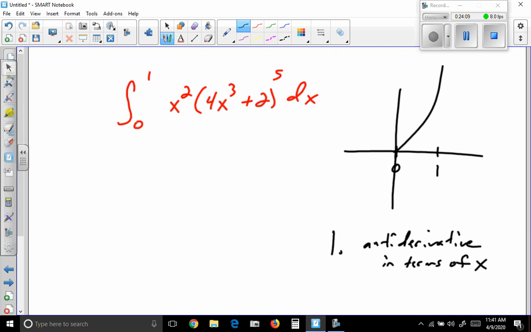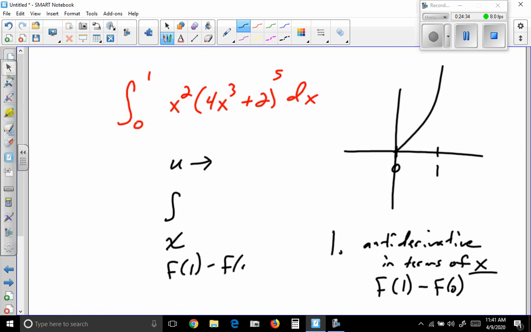So we may have to do a substitution, get the antiderivative and change it back to x, and then plug in the 1, plug in the 0. After we get the antiderivative, then we would change back to x, and then we would plug in a 1, we'd plug in a 0. And that's fine, there's nothing wrong with that.